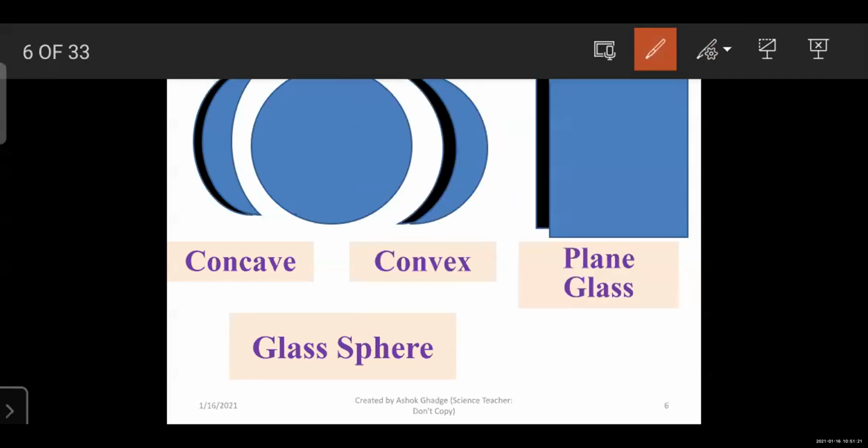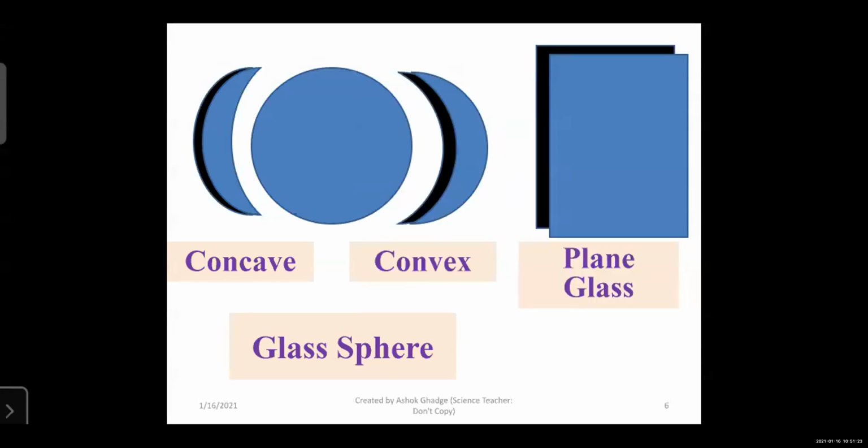Both the convex and concave parts depend on whether we coat from inside or outside.